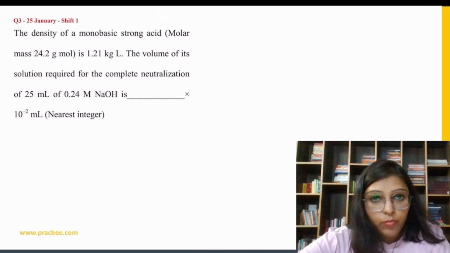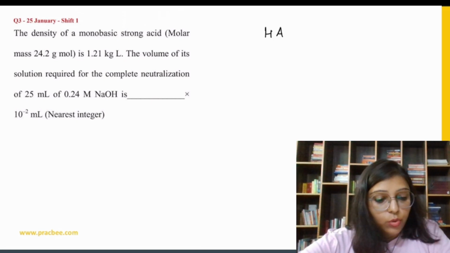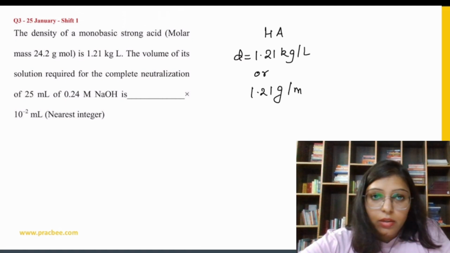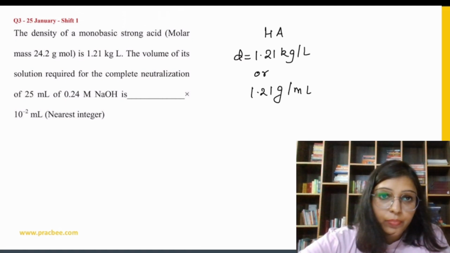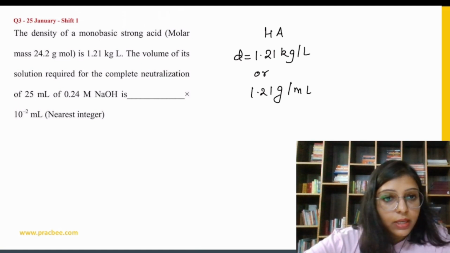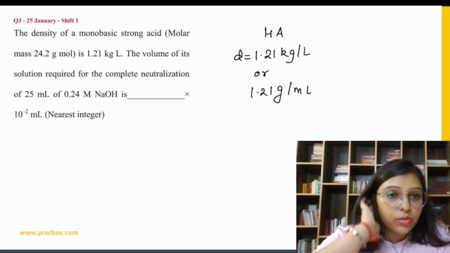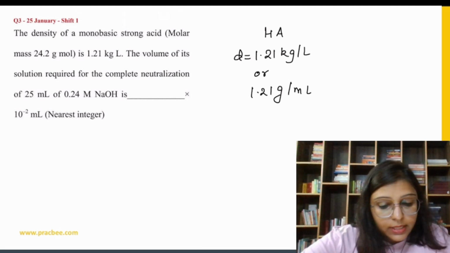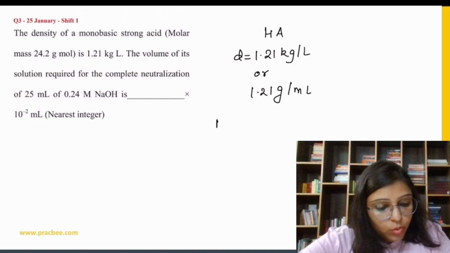I am taking the monobasic acid as HA. Density is 1.21 kilogram per liter, or we can say 1.21 gram per ml, because 1 kilogram is equal to 10 to the power 3 gram, and 1 liter is equal to 10 to the power 3 ml. So the value is going to be the same.